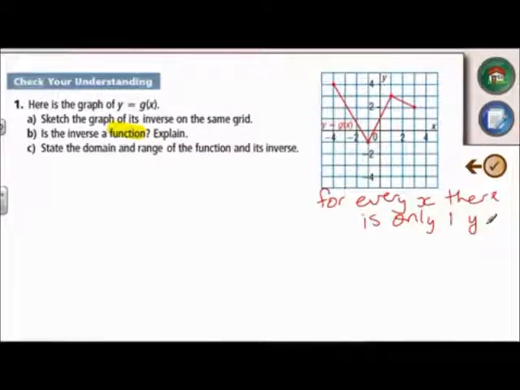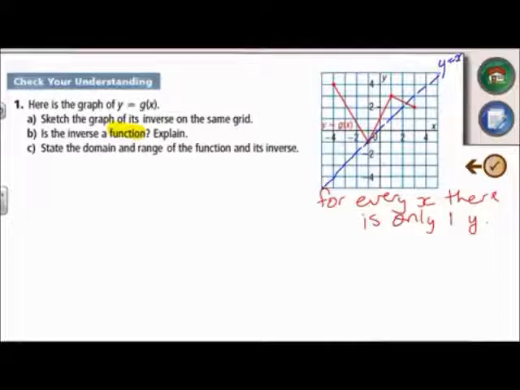That's a function. So let's start sketching. Well, first thing, let's draw in that line y equals x, because that's always going to be our reflection line. An inverse is a reflection about the line y equals x. So draw that in there.